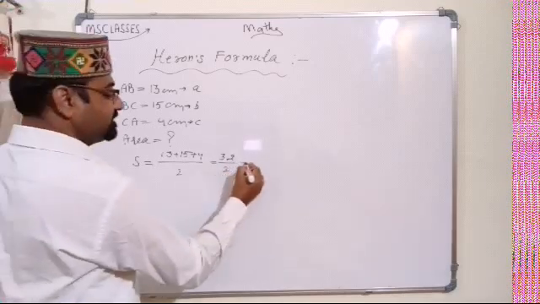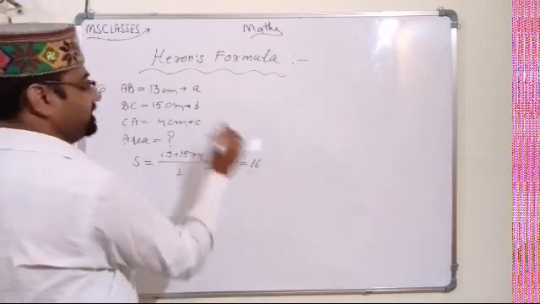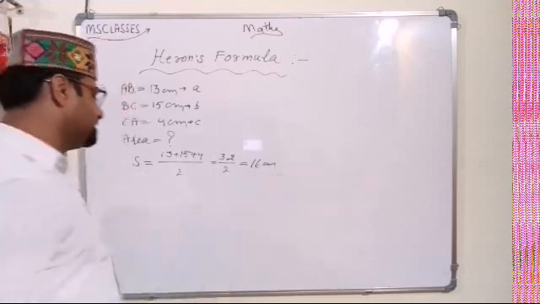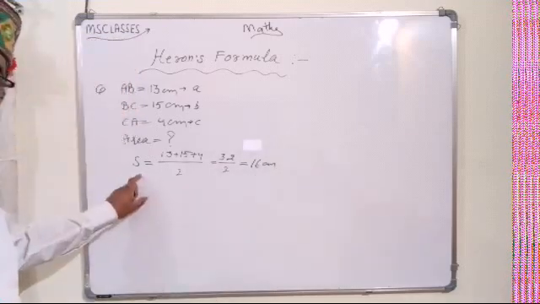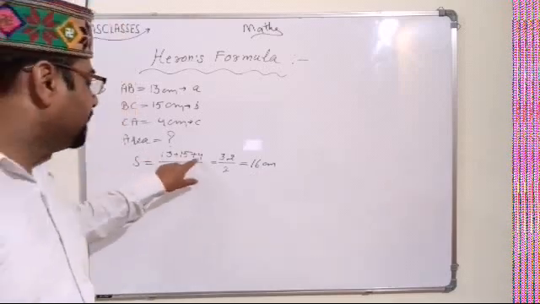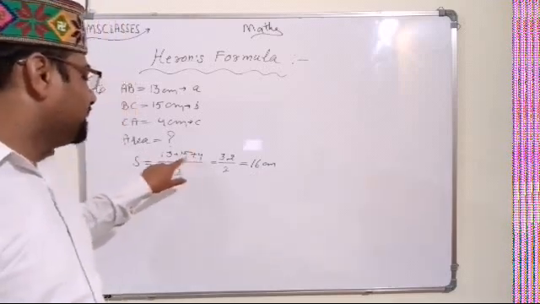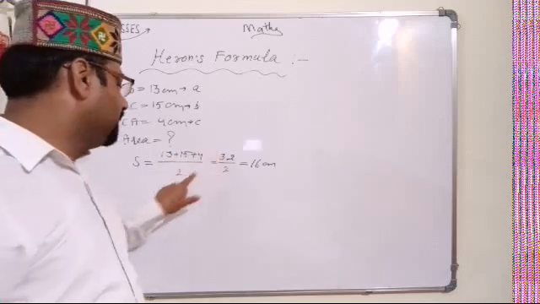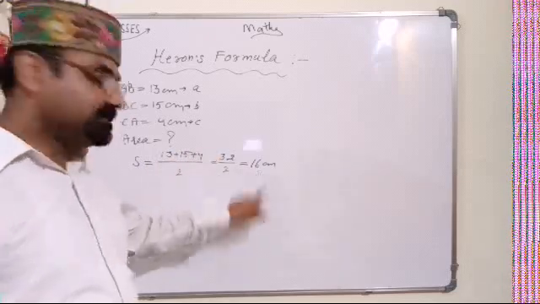And this is equal to 16 centimeter. This is the S. S is equal to 16 centimeter. What is 13 plus 4? 17. 17 plus 15 is 32. 32 over 2 is equal to 16.